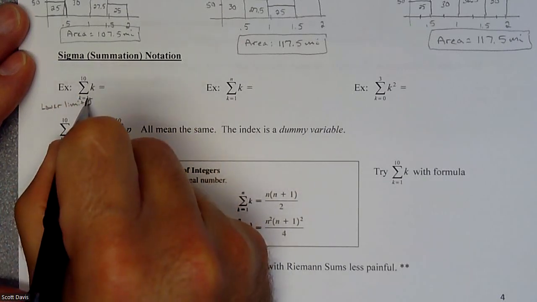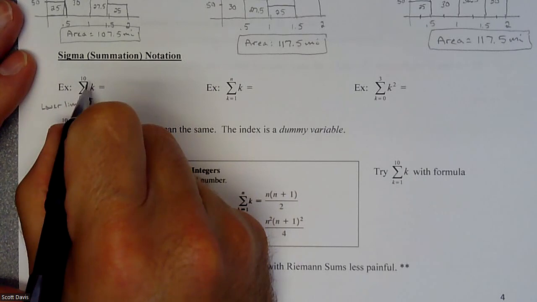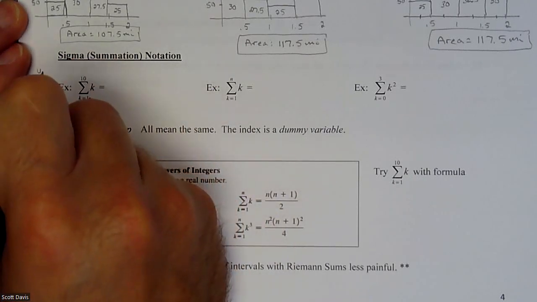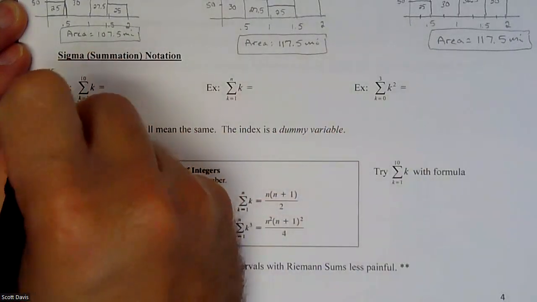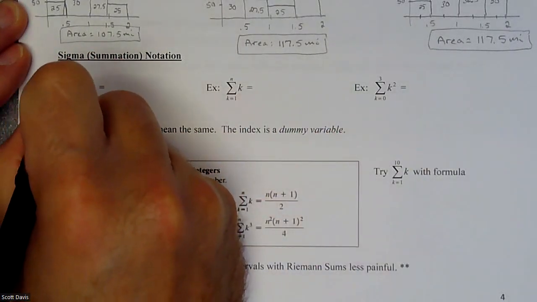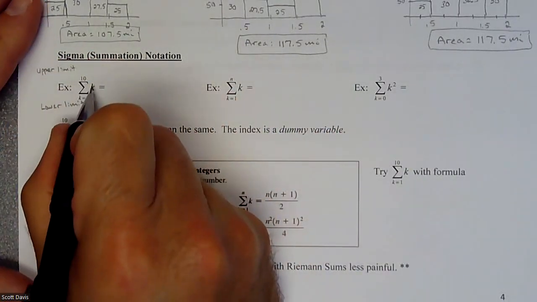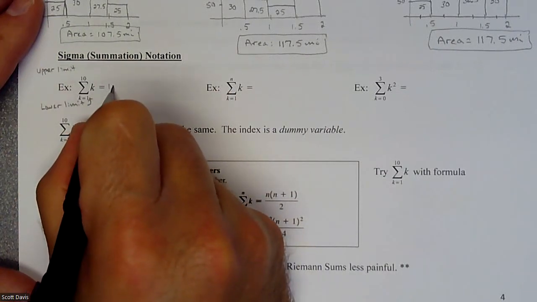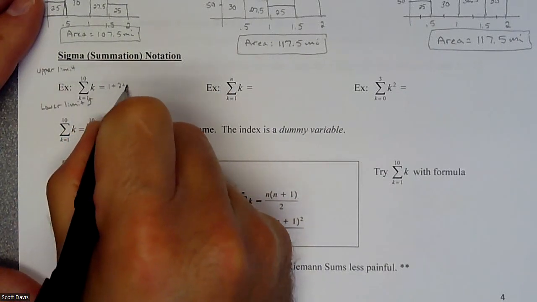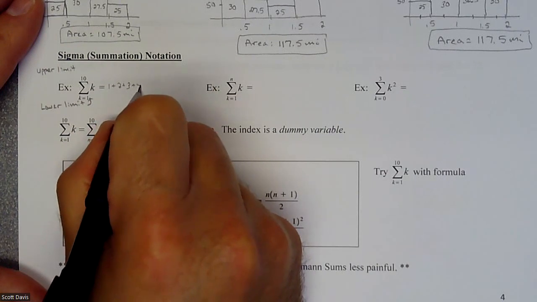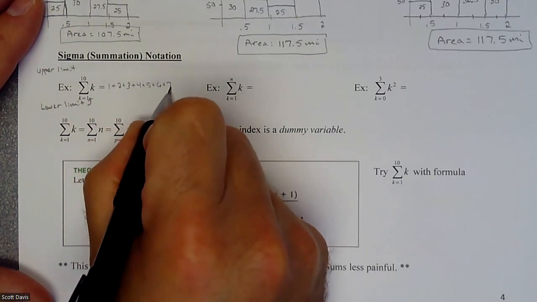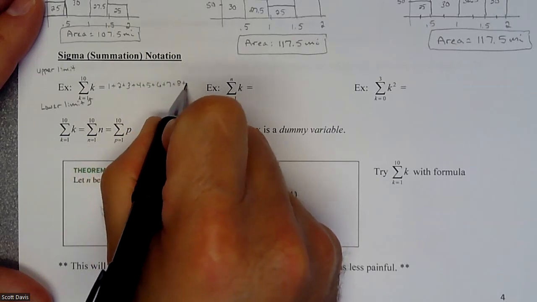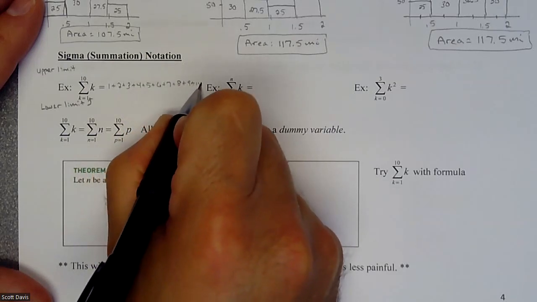All right, so you're going to go from 1 to 10, which is going to be your upper limit. So you have a formula or you have something that you're doing, and we are just going to add a bunch of values. So if it's just k, we're basically going to plug in 1, we're going to plug in 2, we're going to plug in 3, 4, 5, 6, 7, 8, 9, and 10.